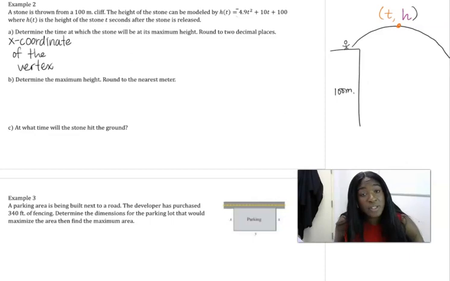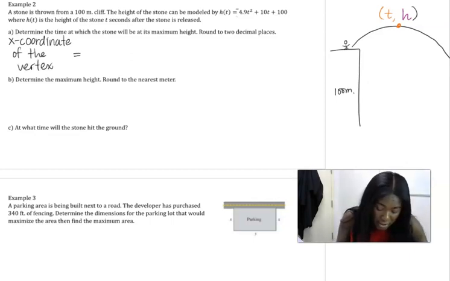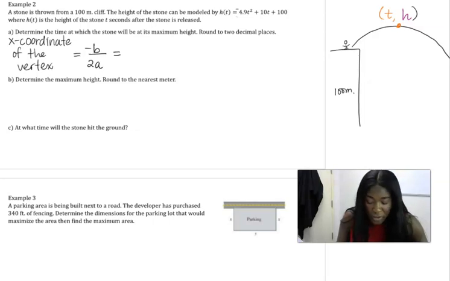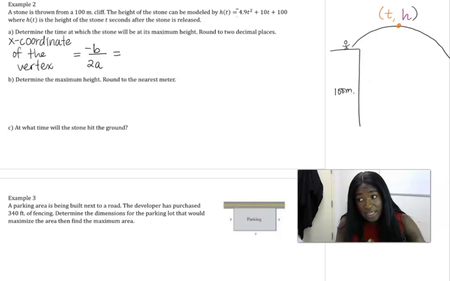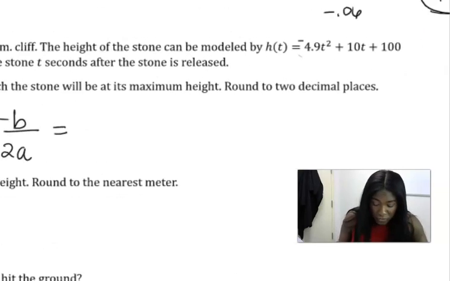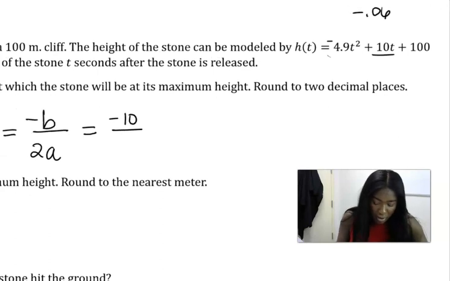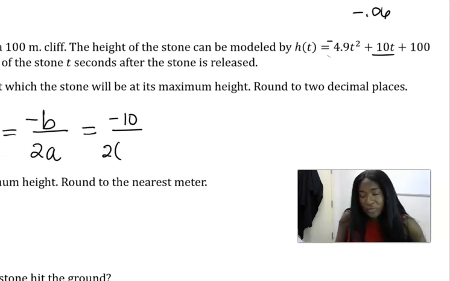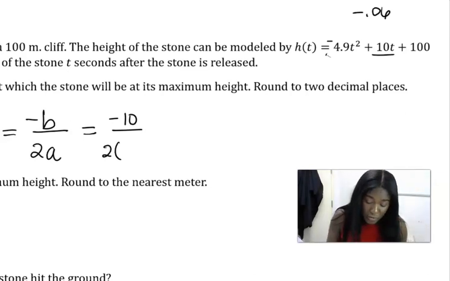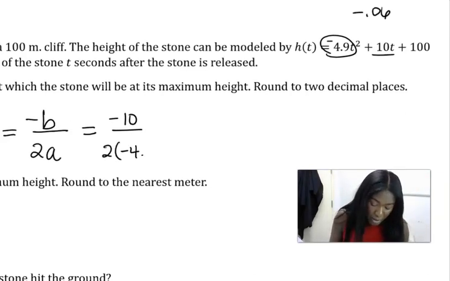The vertex formula, we know that the x-coordinate of the vertex is equal to negative b divided by 2a. So we can just plug in here. B is the number that's in front of x, or in our case, the number that's in front of t, which for us is a 10. So I'm going to be plugging in a 10 in the numerator. And then a is the number that's in front of x squared, or in our case, in front of t squared, which for us is a negative 4.9.